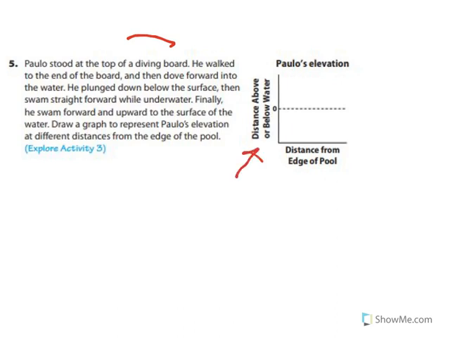All right, so you have to look at what is being asked here. Here's his elevation, distance above and below. So what is he doing here? Top of the diving board. All right, he's at the edge, and so this is where he has to be. And now he's going to walk to the edge, then dive into the water. So what's going to happen is he is going to go down. He's going to go below the surface of the water, so below.